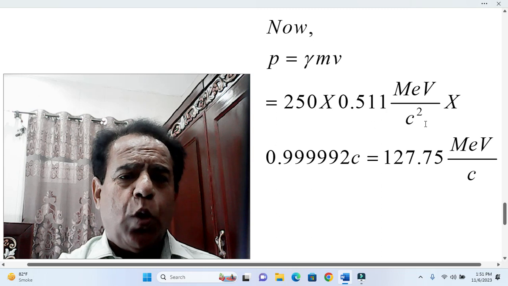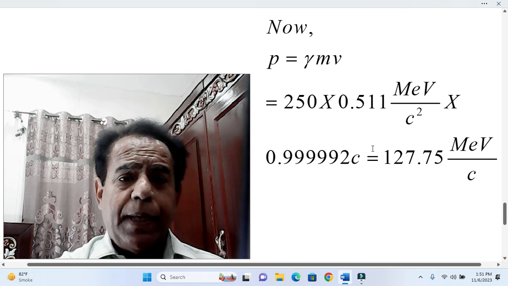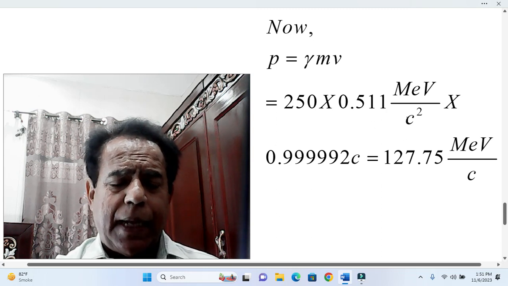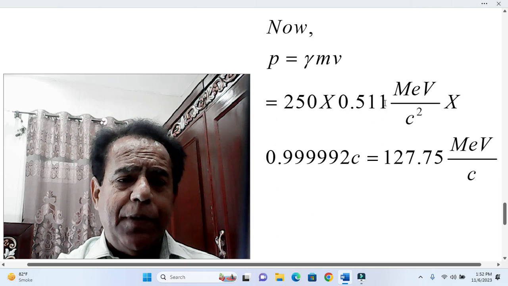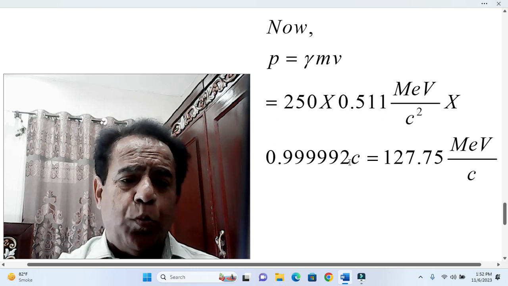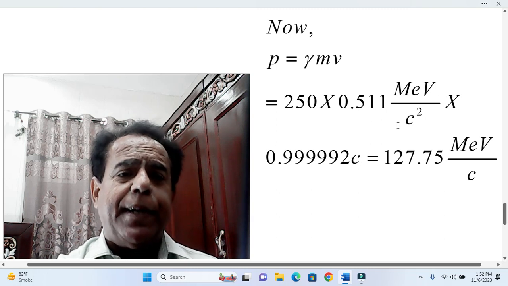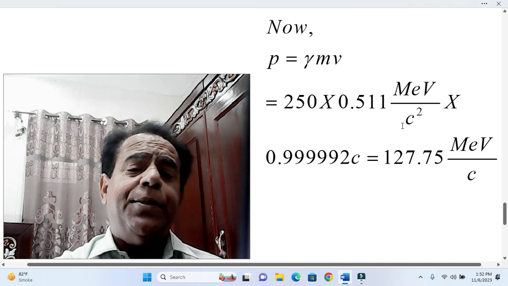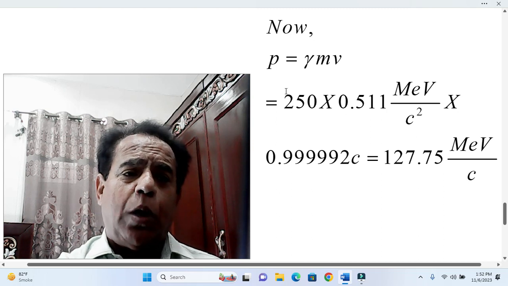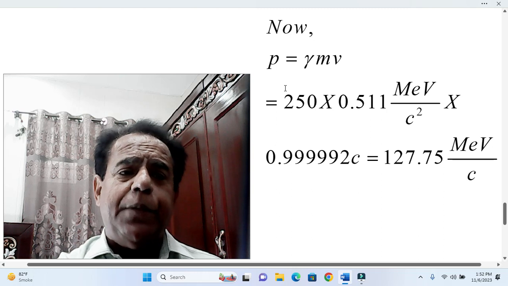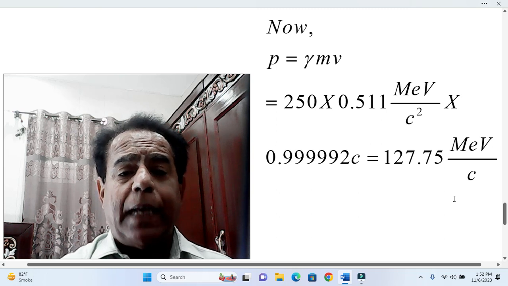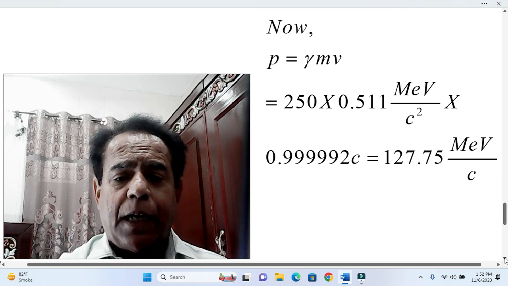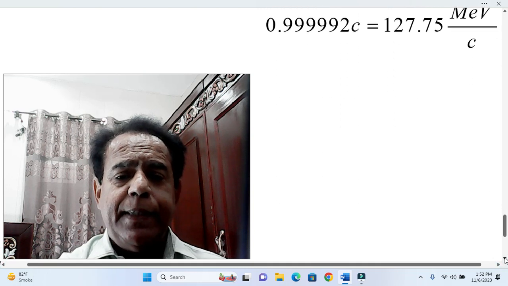After simplification, dear students, one c will be cancelled with c, because this c is being multiplied with this factor, and this is in the numerator while this is in the denominator, and one c in the denominator will be left. So our relativistic momentum P will finally become equal to 127.75 million electron volt over c, the speed of light.